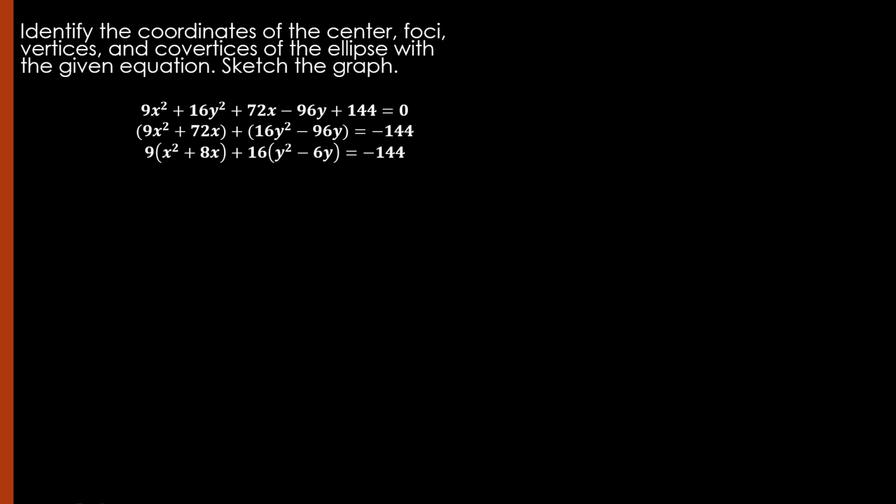Now, let's factor by completing the square. So we will add 16 here and 9 here. Then, on the right side, we will also add 9 times 16 plus 16 times 9.